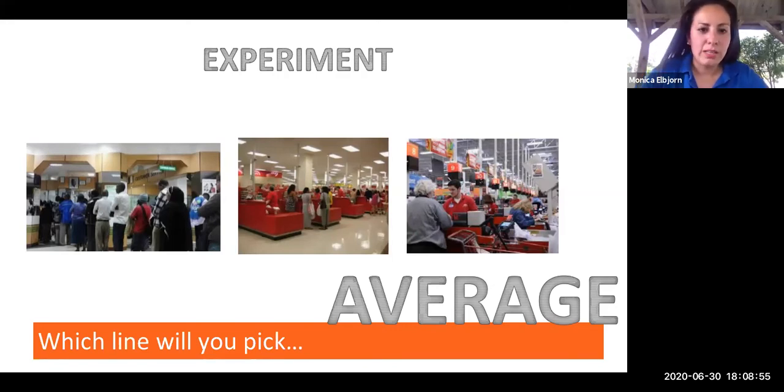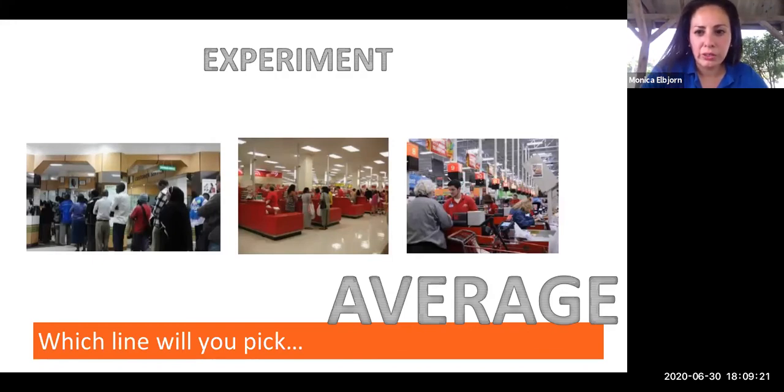The first person probably waits 1 minute, and so on. Then the middle one looks like a target: you have one person guiding and saying, go to this cashier, go to this cashier, and they wait about the same amount of time.